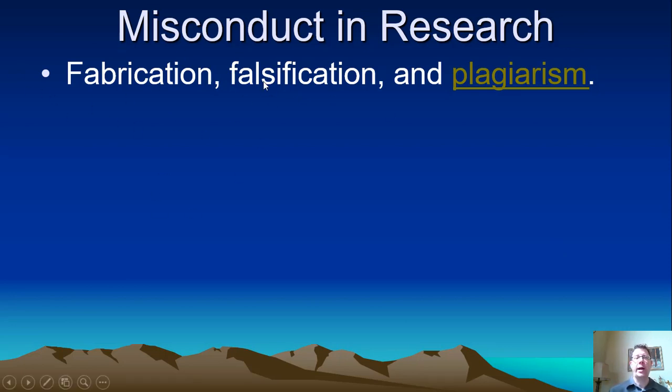Fabrication is basically where you've collected real data, but in testing your hypotheses, something doesn't quite work out. And this is the big criticism of that magic p is less than 0.05. Because what happens if p is 0.052?